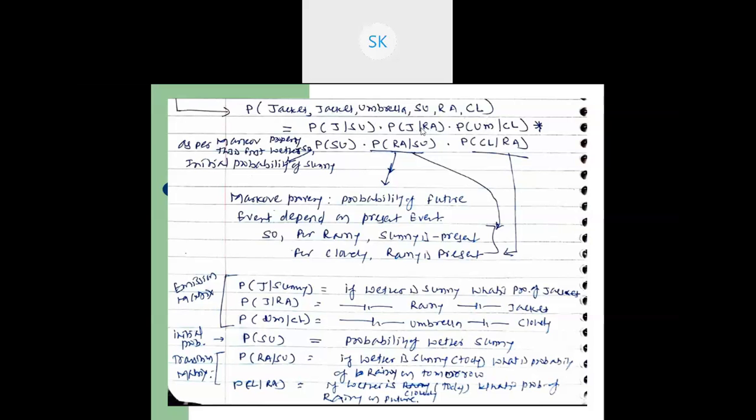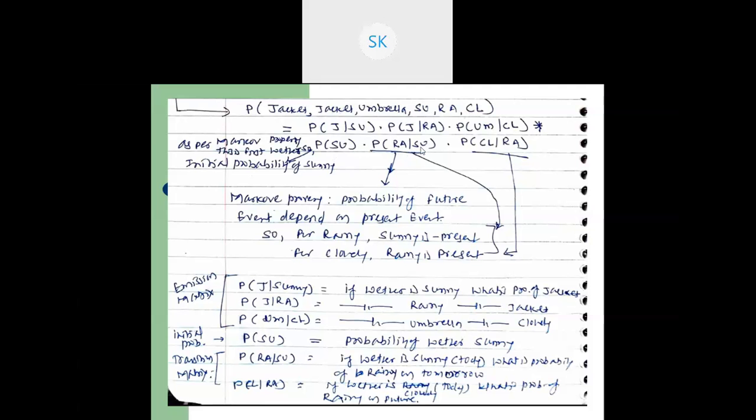So it leads to J by SU, J by RA, UM by CL. UM for umbrella, CL for cloudy, SU for sunny, J is used for jacket here. Multiplied with the probability of sunny, and then the B part, probability of sunny into probability of RA by sunny.